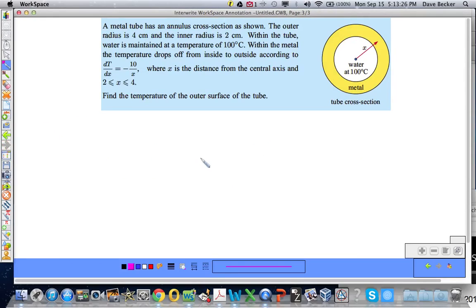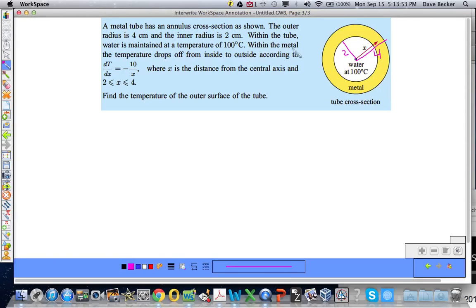One more example. So we have the cross section of a metal tube. The outer radius is 4, so from here to here is 4. And the inner radius is 2, so from here to here is 2, and we're talking centimeters. The water temperature in here is 100 degrees Celsius.